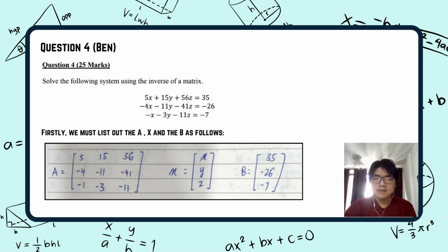For the X, it is the symbols that are used in the question. As you can see in the question, we have x, y, z. So the X bracket will be x, y, z. For B are the numbers behind the equal symbol. In this question, we have 35, -26, and -7. That will be all for this step, and we will be moving forward.